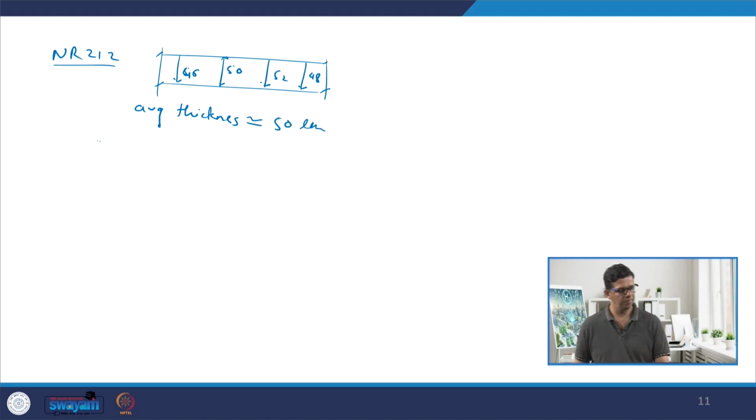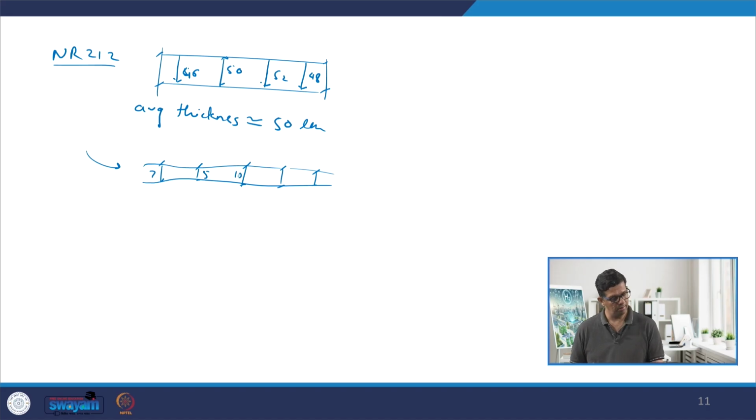However, if we choose an electrolyte which is very thin, let us say 10 microns, then we cannot expect to have a uniform thickness of the electrolyte across all the length and width. So, here it could be 7 microns, it could be 5 microns, it can be 10 microns, here it can be 11, can be 8 microns or so.